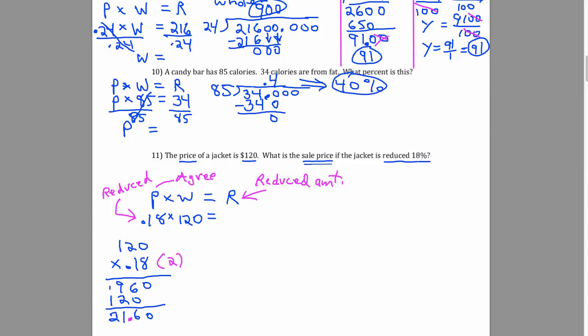So now what we need to do is find the sale price. Well, you should be able to figure that out. If you know the reduced amount and you know the original cost, you should be able to figure out the sale price. So the sale price is going to equal the original price, or whole, minus the reduction.